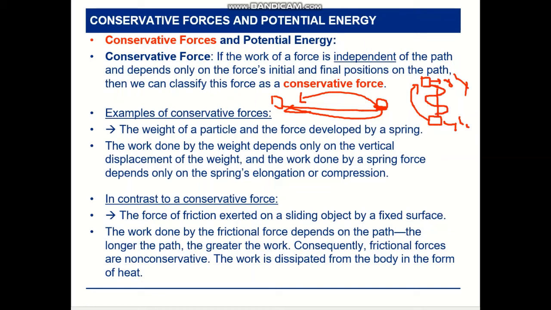If you bring your object along a wavy or curvy rod, your potential energy, if you bring it straight down, is going to be the same. But with frictional forces, if you bring it along this curvy rod, your frictional force depends on the path, so you will lose more energy.